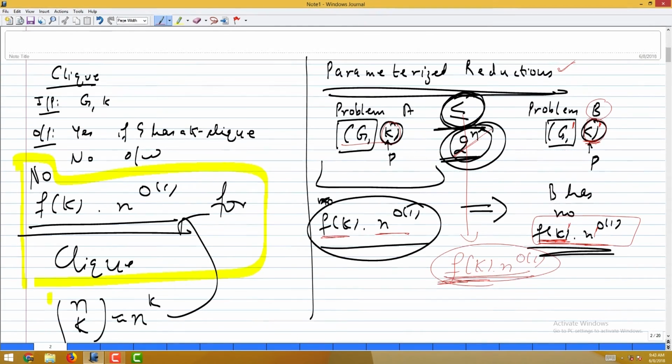So clearly the reduction should not be such that the size of G' becomes, let's say, 2^n or any weird thing. The size of G' should remain polynomial in the size of G.